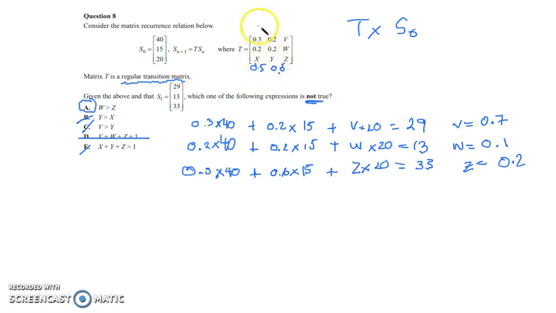So you can solve for x and y first by equaling 1, then knowing how to do matrix multiplication, the horizontal times the vertical. So this one times that plus this one times that plus this one times that equals the S1 matrix, for that example, 29. And then being able to calculate the unknown in these.